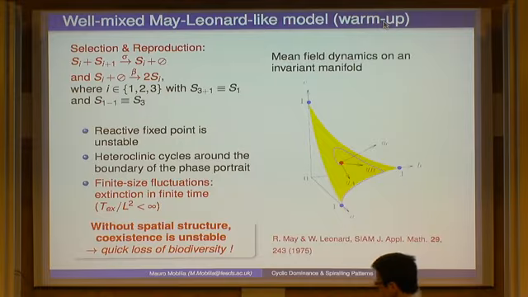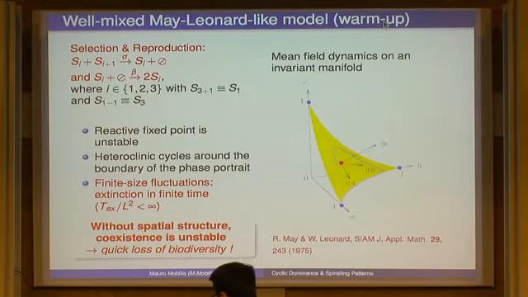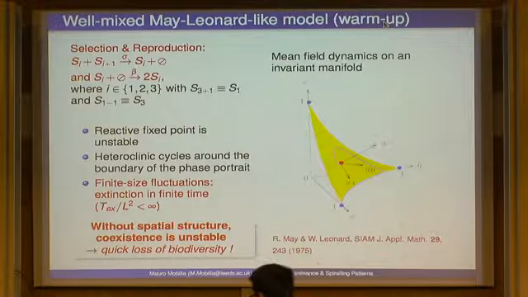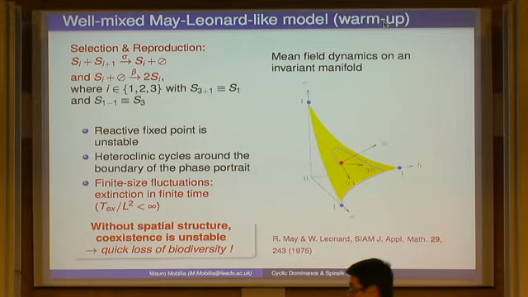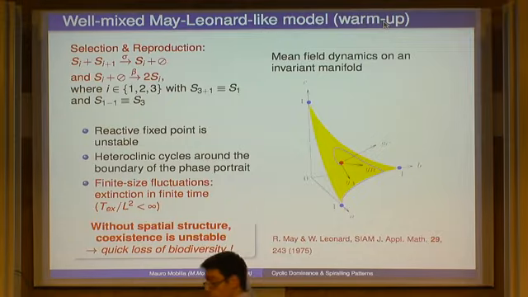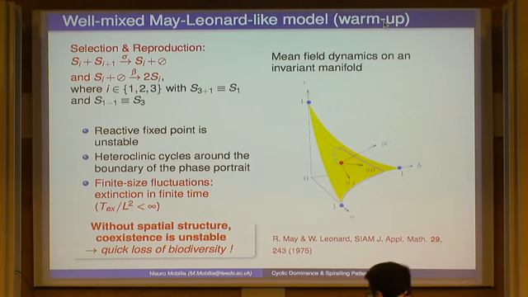Okay, so that's nice, but any finite size fluctuation will bring this to an end, because any finite size fluctuation will push you to the boundary, and then you are stuck in one of these absorbing states. So basically, if you don't have spatial structure, as in the flask experiment, very quickly one species takes over, right?